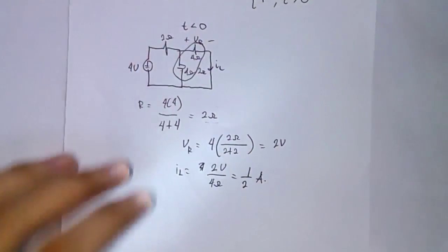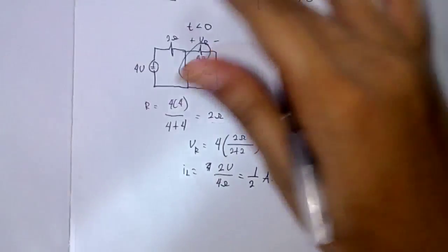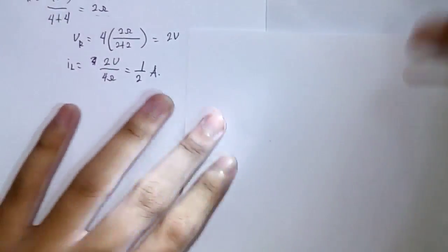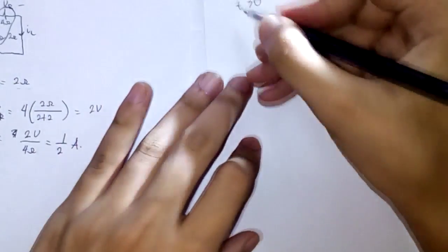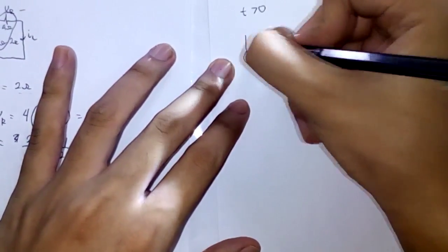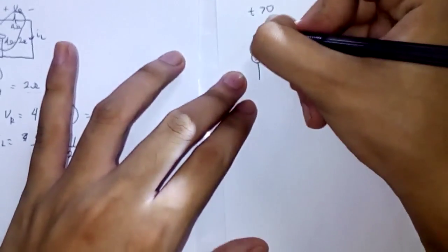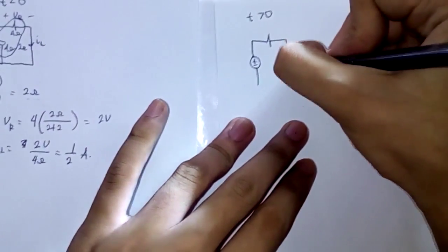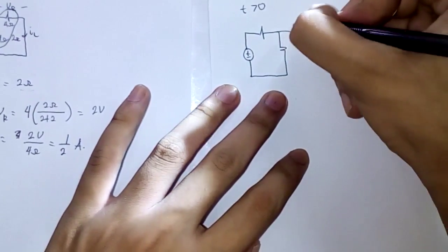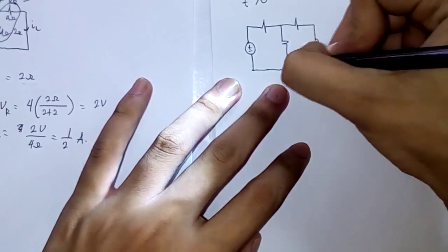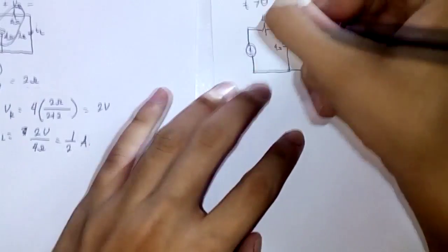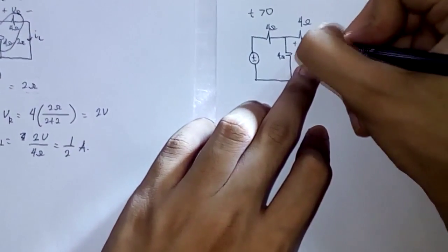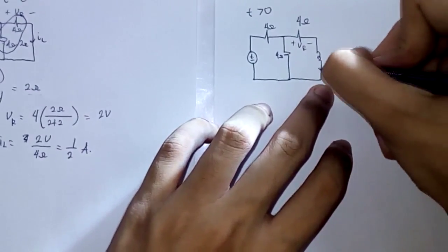So now we're going to find our equivalent circuit for t greater than 0. At t greater than 0, we have a circuit like this: 4 ohms, 4 ohms, and positive-negative VR and IL.